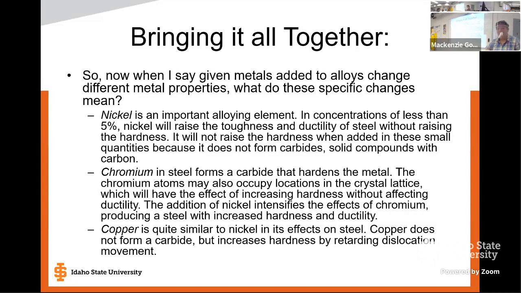It does become denser, but specifically when we're talking about it becoming harder, chromium hardens the metal. What applications would we want to add chromium to our steel alloy for? High pressure, yes, that's a good one, right?